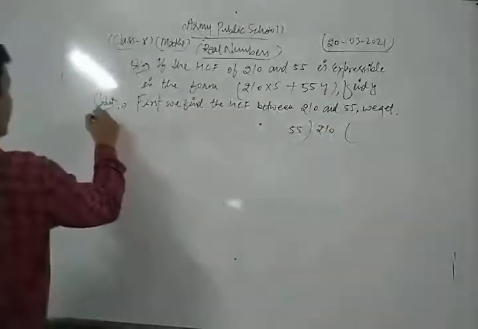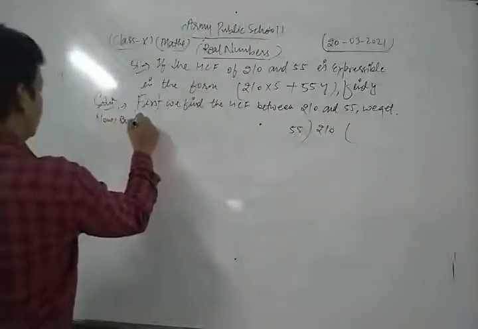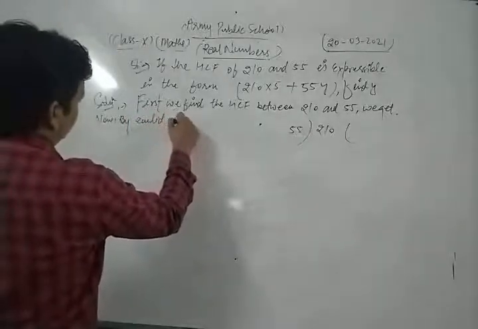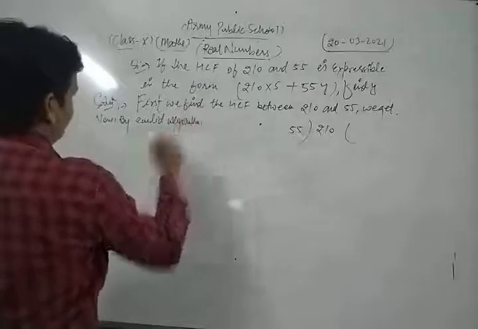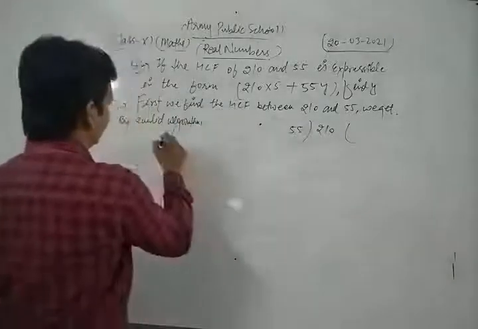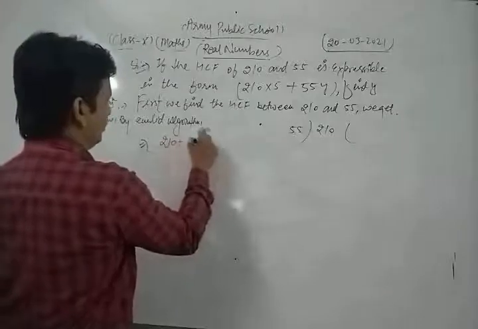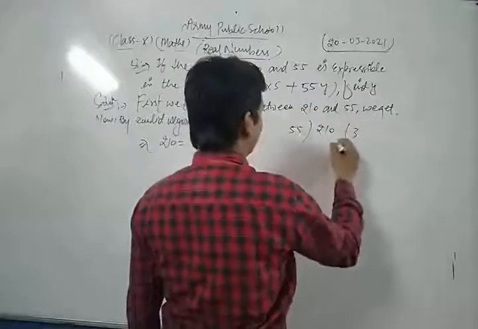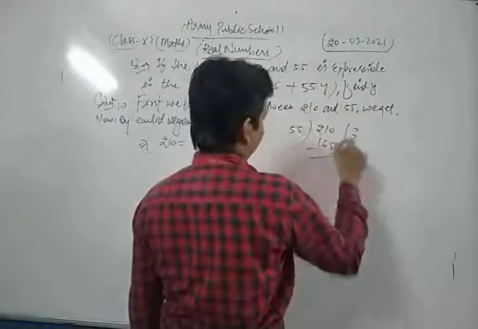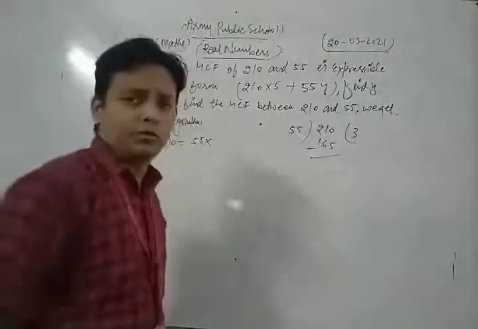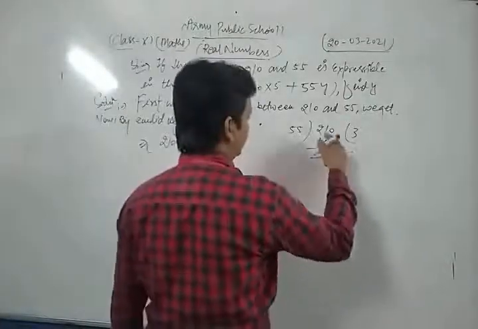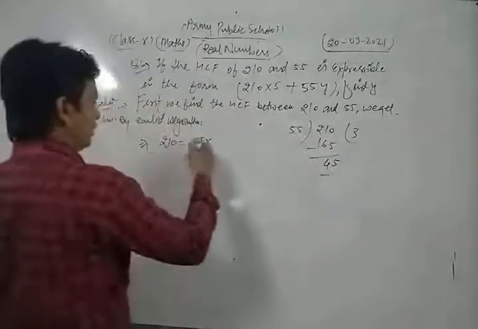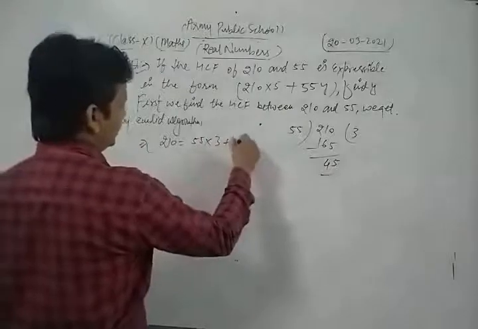By Euclid algorithm, 210 is equal to 55 into 3 plus 45.